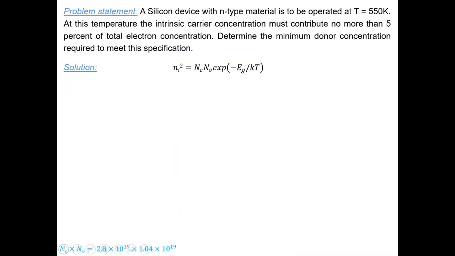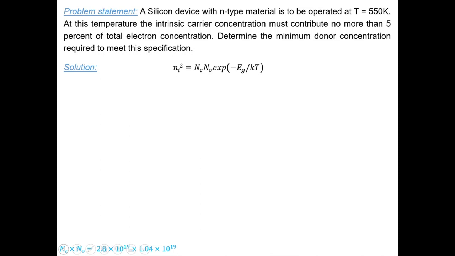Okay, so the other problem is that a silicon device with N-type material is to be operated at 550 Kelvin. At this temperature, the intrinsic carrier concentration must contribute no more than 5% of the total electron concentration. Determine the minimum donor concentration that meets this specification.